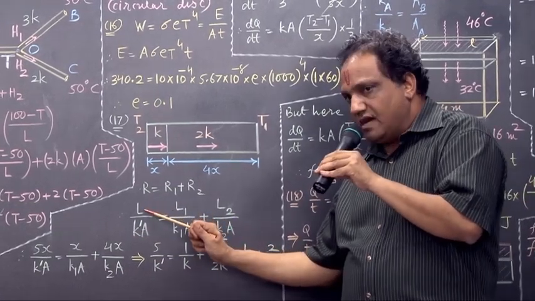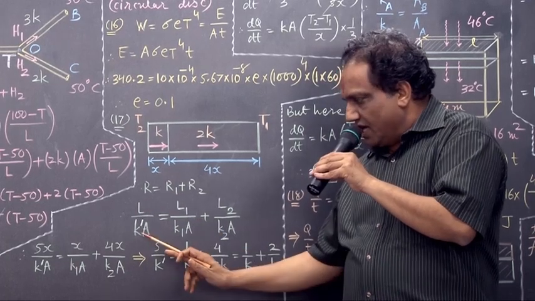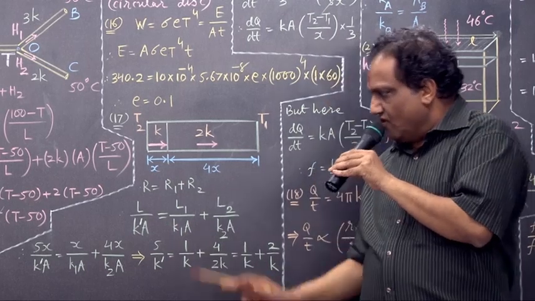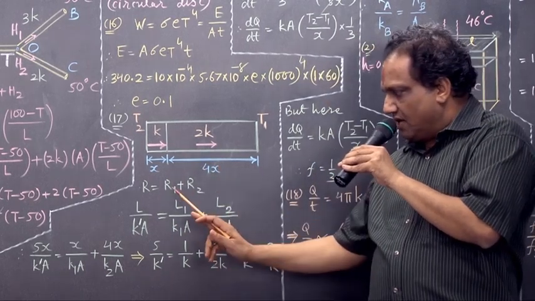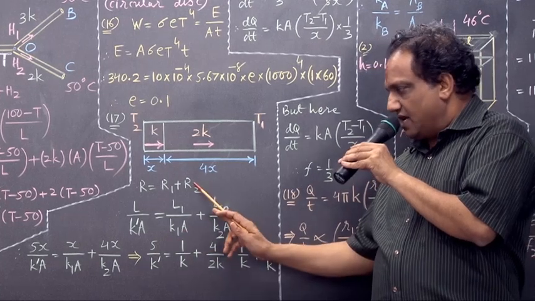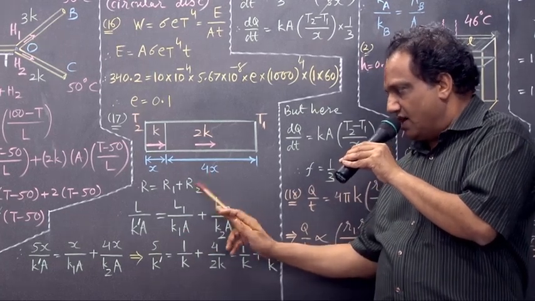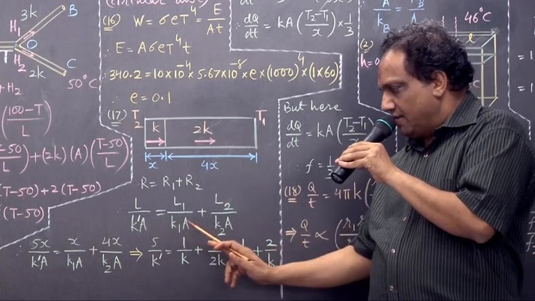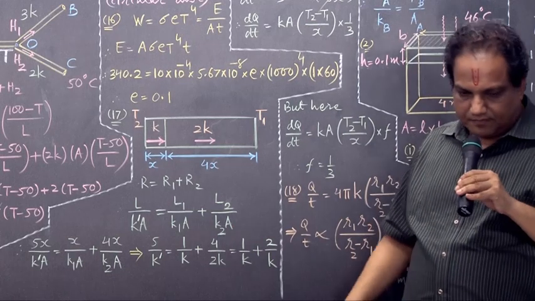Total length, I am taking capital L. Equivalent thermal conductivity, I am taking K dash. Cross-section, I am taking A. For the first slab, thermal resistance is R1 equals L1 upon K1 into A. For the second slab, thermal resistance is R2 equals L2 upon K2 into A. Now why am I taking the same cross-section area?